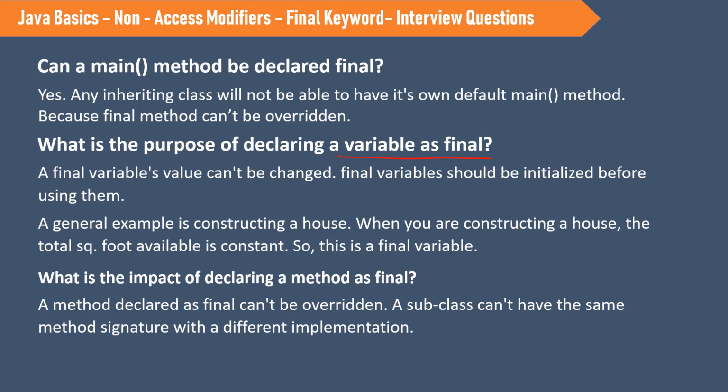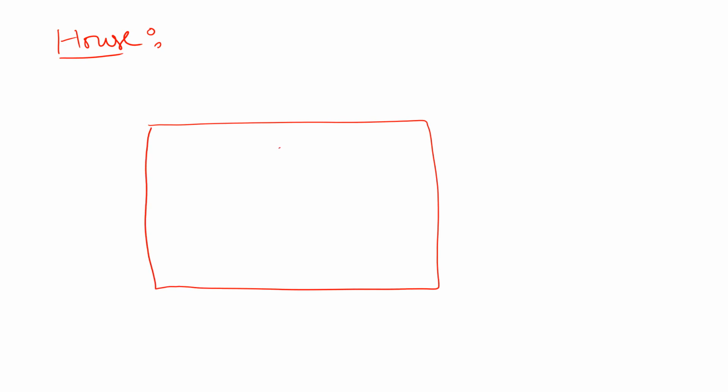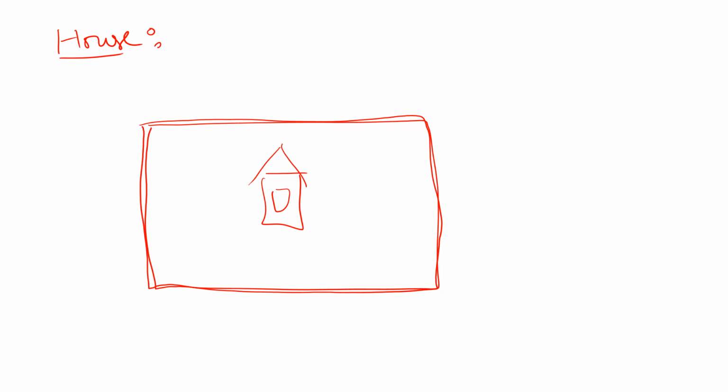Let's say you are constructing a house and you will have some number of square foot available to construct your house, and this total number of square foot available for you won't be changed because you cannot occupy others' land beside you, so it is constant for you.